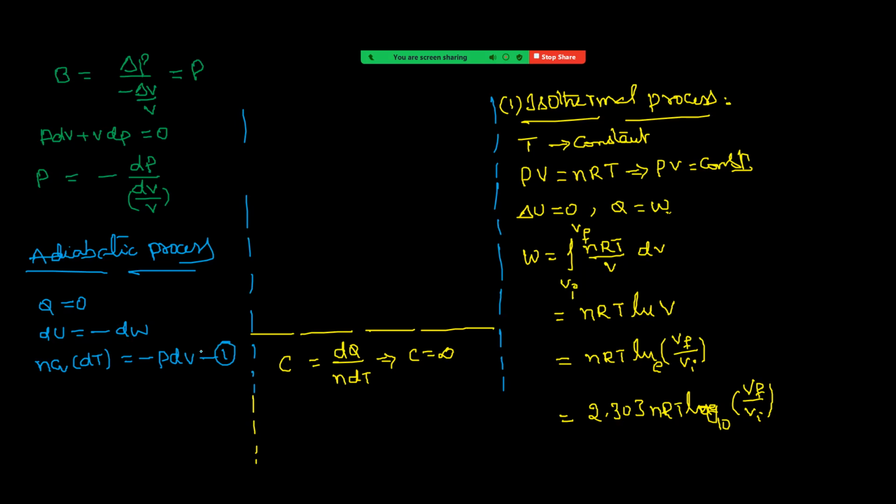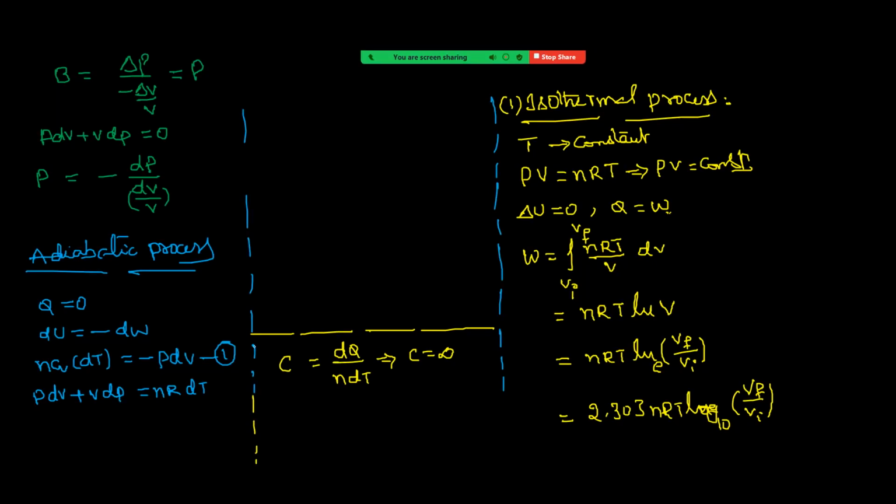Let us take now the gas equation PV equal to nRT. Now differentiate that gas equation and see what we get. So P dV plus V dP is equal to nR dT. This is by differentiating the gas equation.